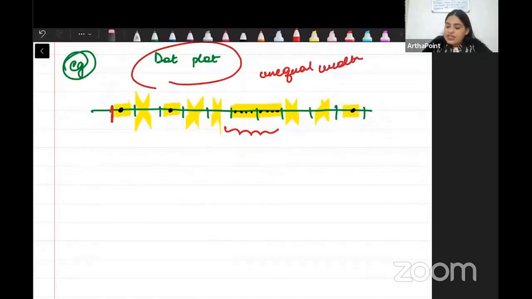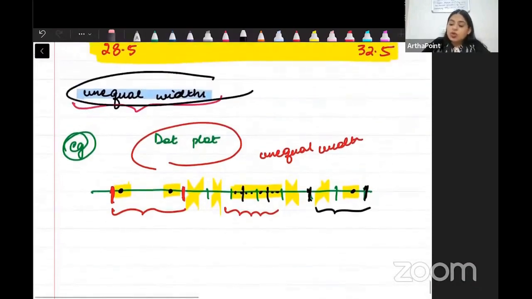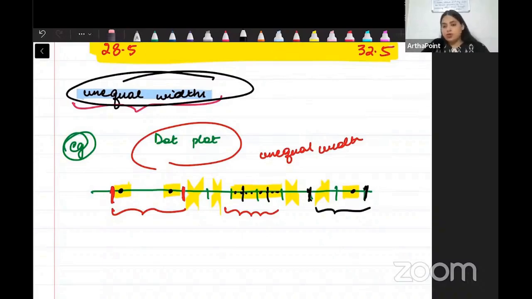Unequal means make from here to here one interval, because even combined there are only two data points coming. From here to here there is only one data point, so make one interval, and make small separate intervals for these, because here there are a lot of data points. So unequal width means you will divide your data not equally but unequally. Your width will differ. I can easily identify that using dot plots. So in case of dot plots, what should we be doing?